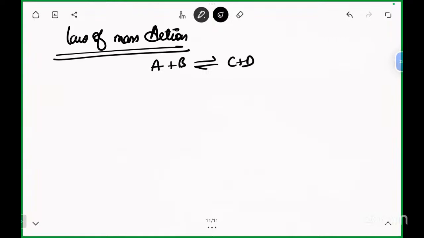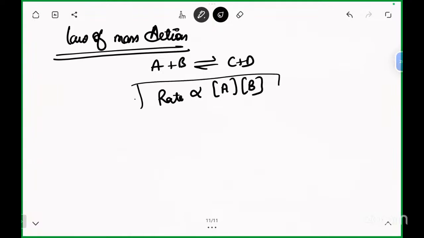temperature is directly proportional to the product of what? Product of active masses of the reactants at the instant. For example, here rate will be directly proportional to the molar concentration of A into the molar concentration of B. So this is the rate law expression. For the definition, I'm repeating once again: at any instant, you have to mention the word instant.